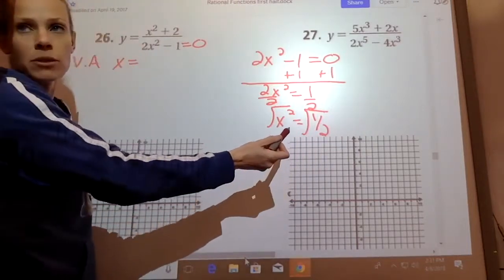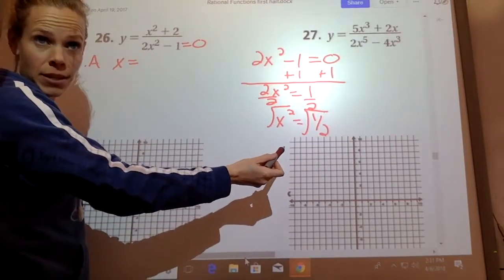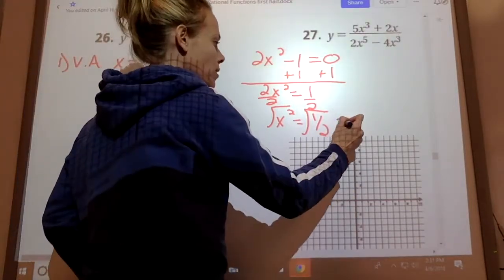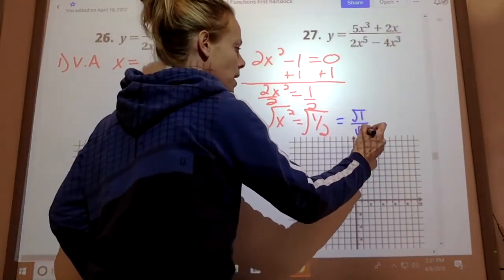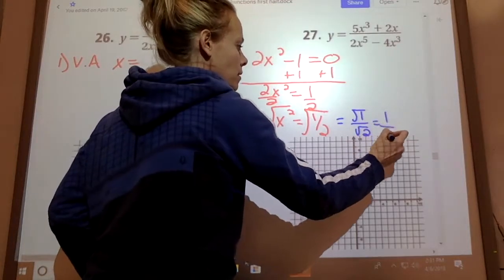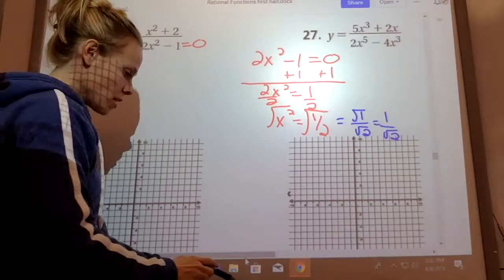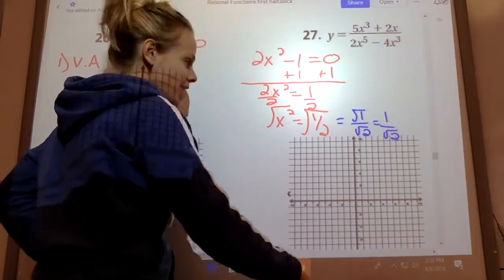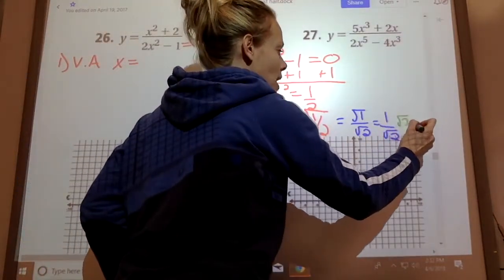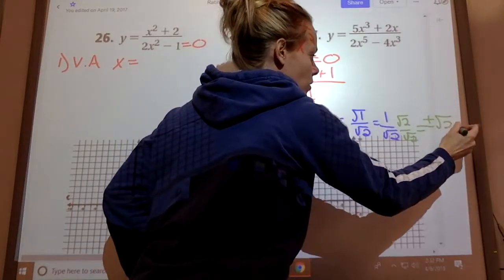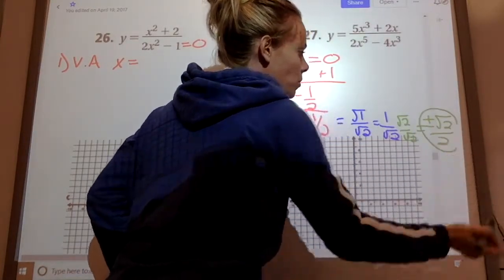You do not write plus or minus square root 1/2. How do we fix that? We square root the top, square root the bottom, but we cannot have a square root of 2 on the bottom. So we multiply top and bottom times square root of 2, and we'd get plus or minus root 2 over 2.